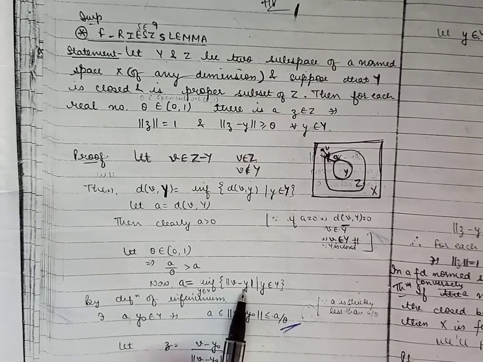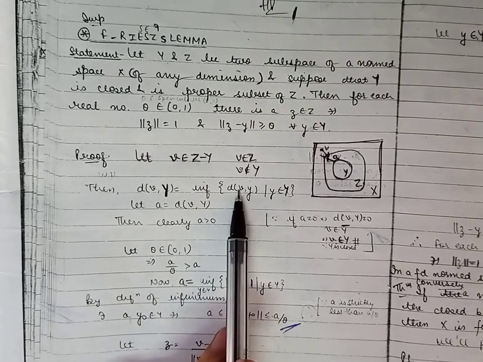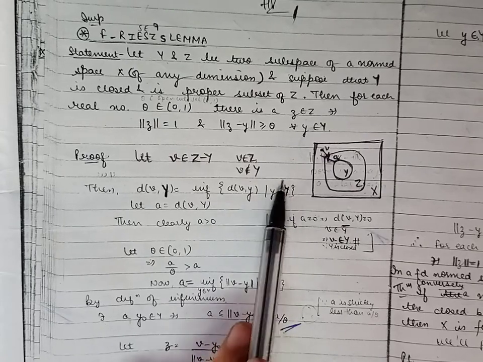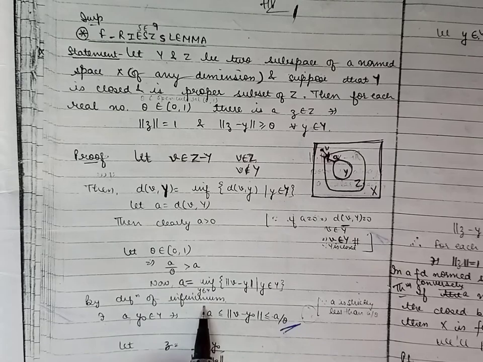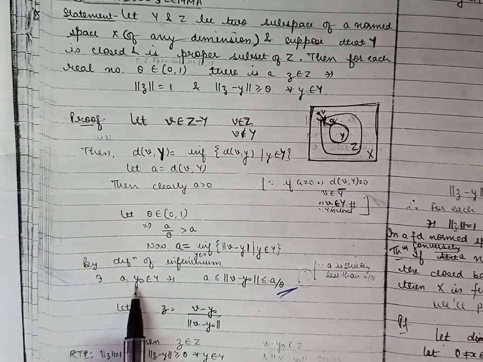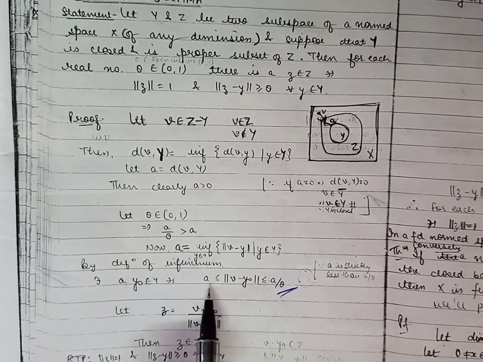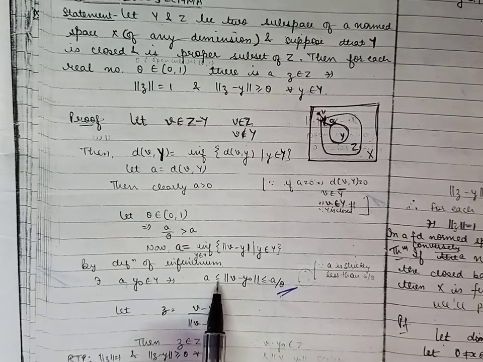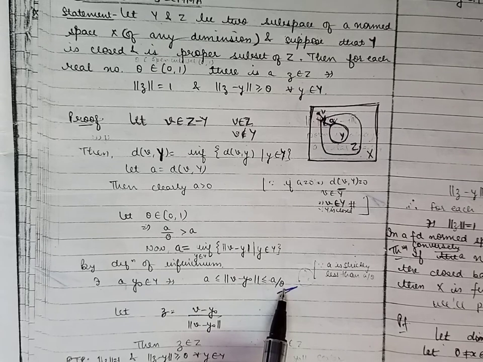Here the norm of v minus y denotes the distance between the element v and the elements y of the set Y. Now, by definition of infimum, there exists an element, say y0, belonging to Y, such that the norm of v minus y0 is greater than or equal to a and less than or equal to a by theta.